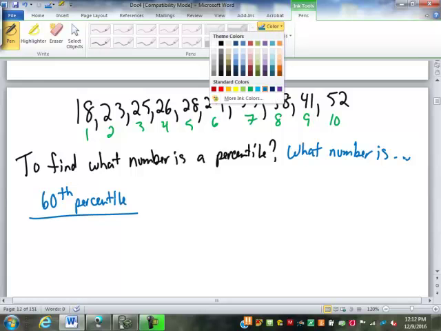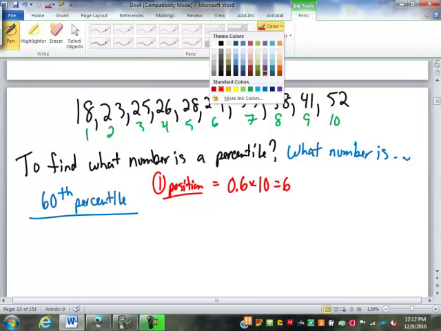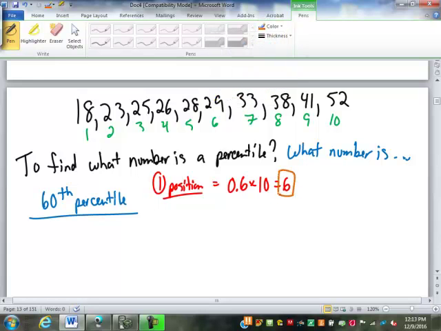This is going to work a lot like our median calculation. We're going to find the position. We're going to find that position by taking 60%, which is 0.6 as a decimal, times n. In this case, n is 10. We get 6. What did we do when we got a whole number here? Remember, for the median, it was a whole number.